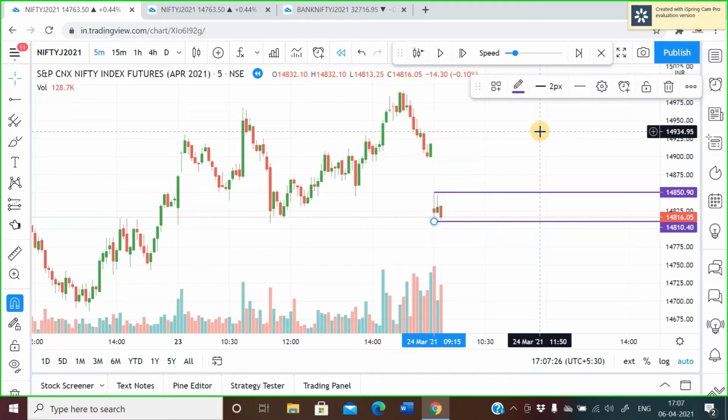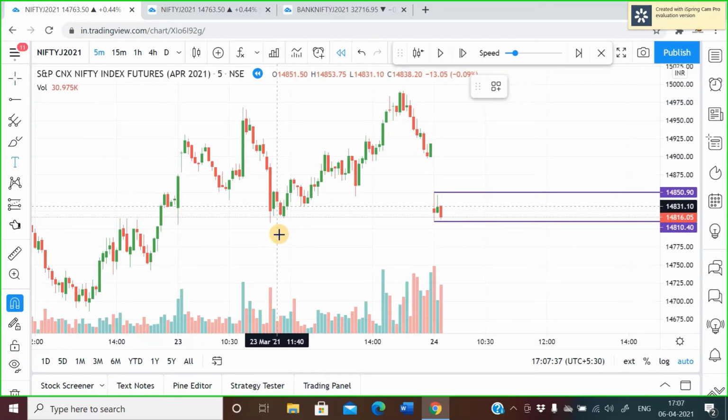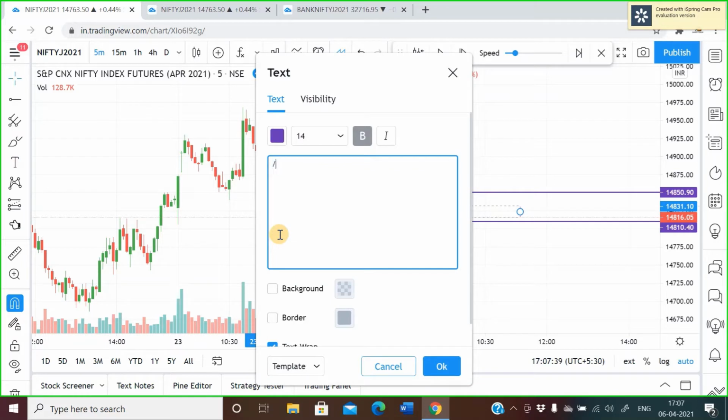If it closes above the high, we will be going for a long trade, and if it closes below the low of 15 minutes, we will be going for a short trade. I'm just going to write it down for you so that we will be using this as a reference. The high is 14850, the low is 14810.